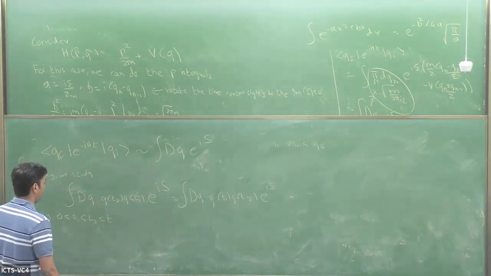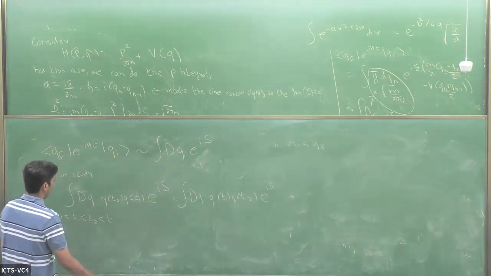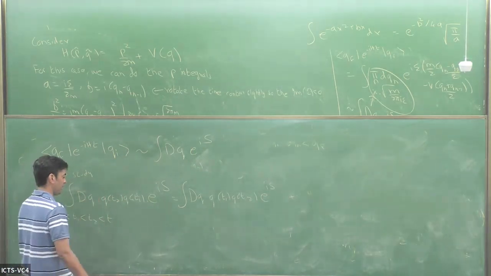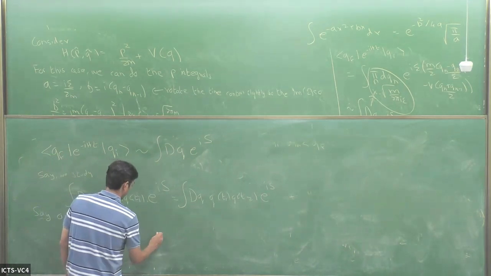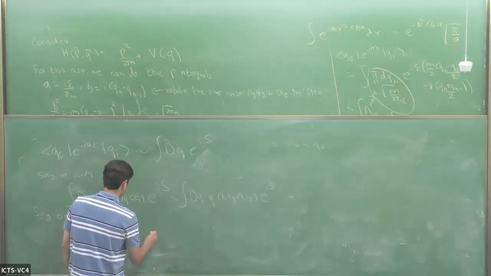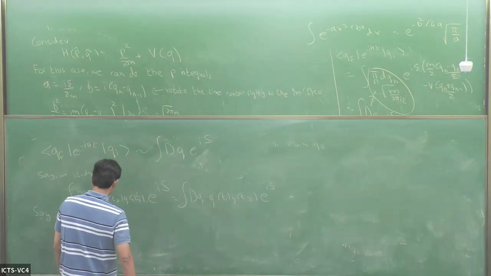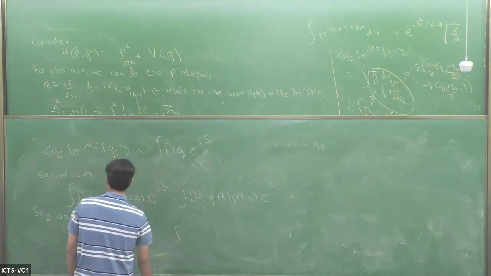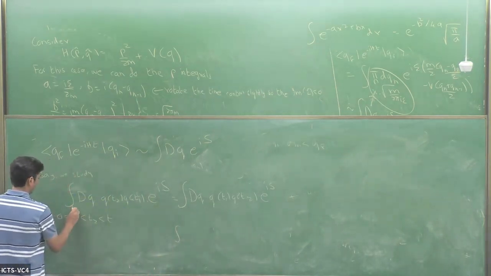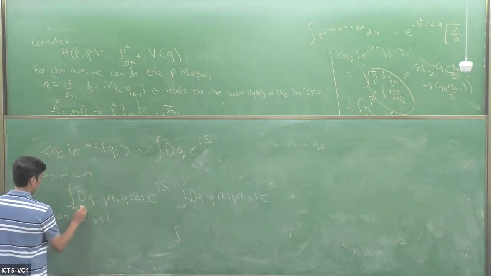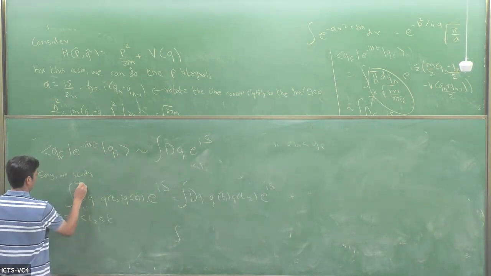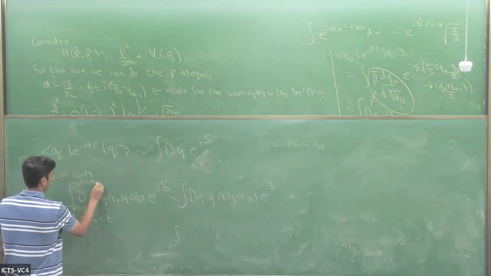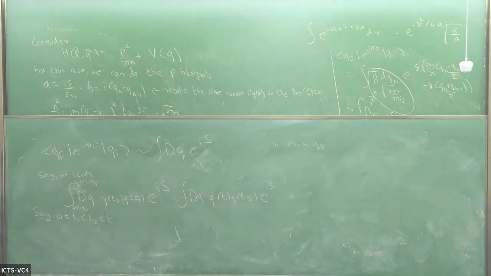Then the way I would evaluate this is, I can do this path integral in the following way. I can first look at the integral over all paths. So this integral, let me write the limits here, is at q of 0 equal to qi and q of t equal to qf. Those are the limits that I put in the measure here. As I said, you have to make the measure there precise, but this is the limit over paths here.